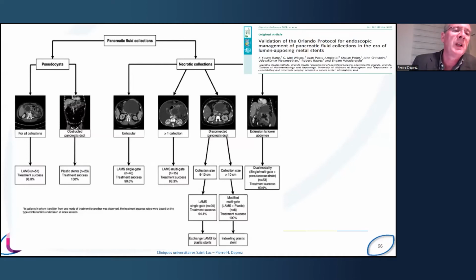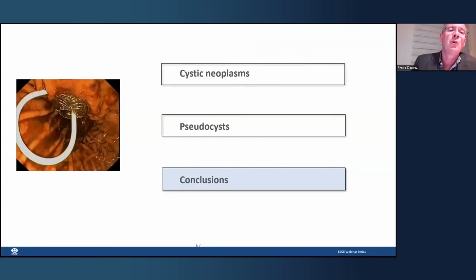And they only use plastic stents when there is a duct obstruction and a risk of disconnected pancreatic tail syndrome. So you see they have also changed their policy in the drainage of collections. But I think in Europe, plastic stents are still preferred and they are quite safe for uncomplicated cysts.